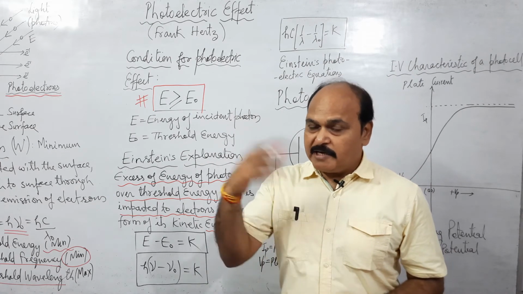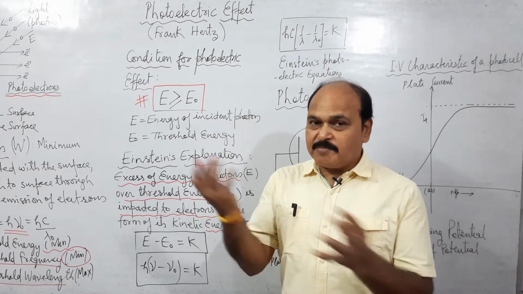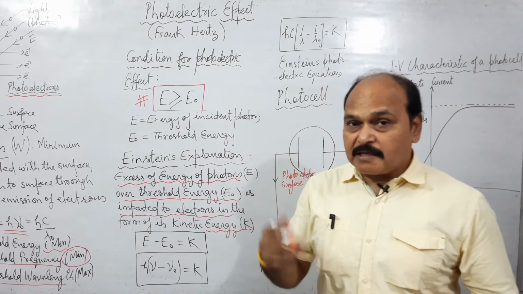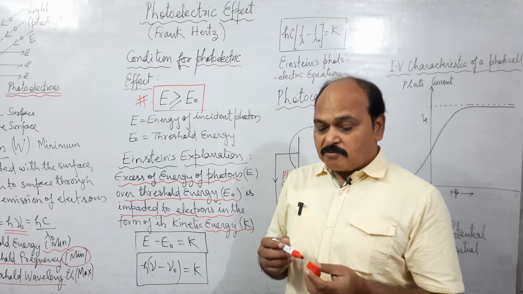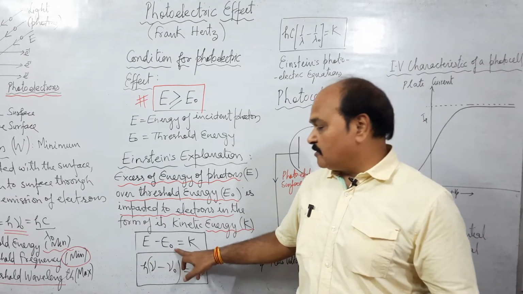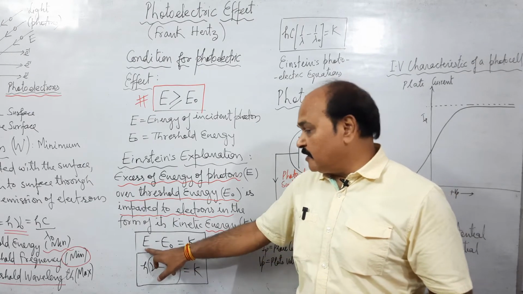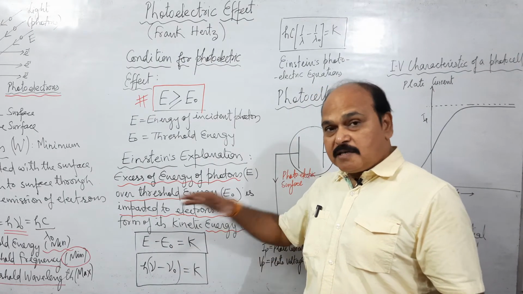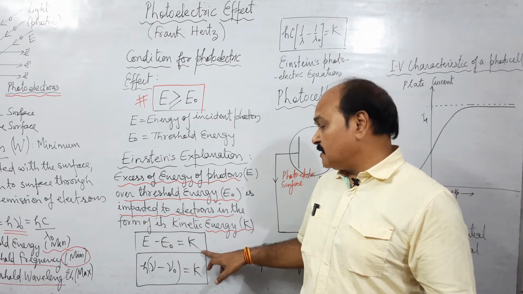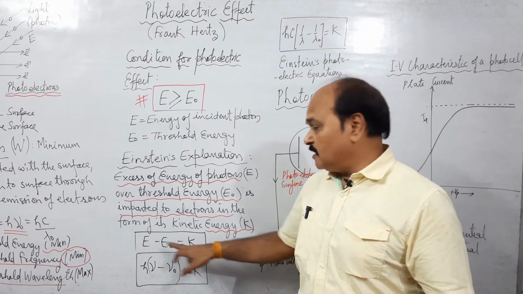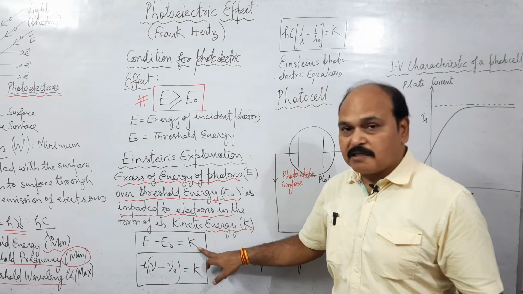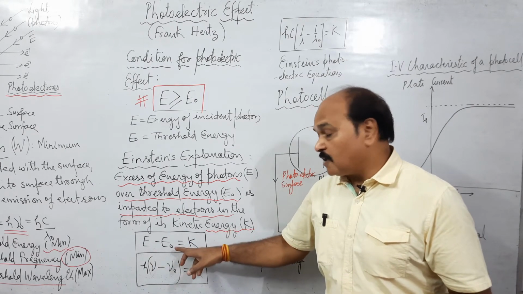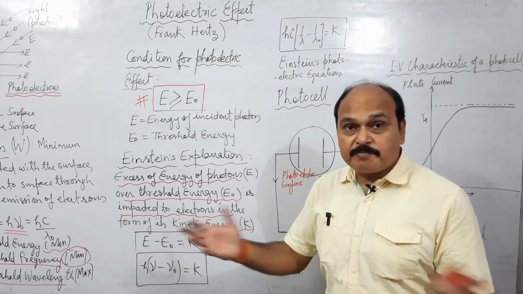When E is equal to E naught, electrons are just emitted and their kinetic energy is what? 0. And when E is greater than E naught, the difference of energy E minus E naught, the excess of energy of photon over work function, is imparted to electrons in the form of kinetic energy K. So E minus E naught is equal to K, the kinetic energy. Well, when E is less than E naught, kinetic energy is negative, which is not possible.